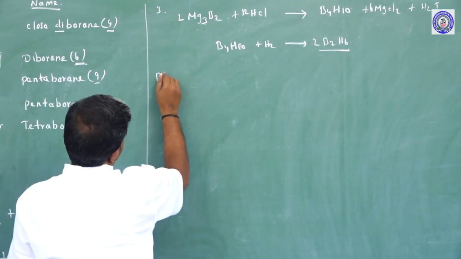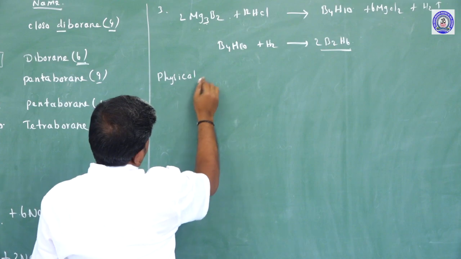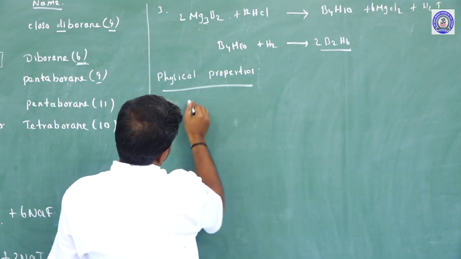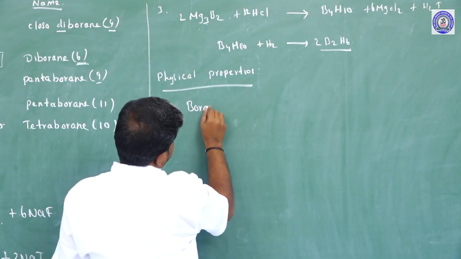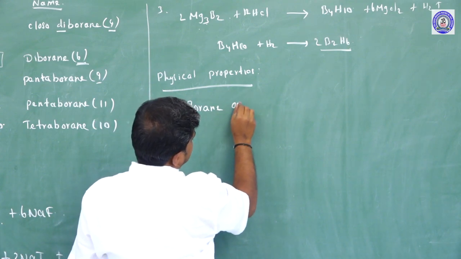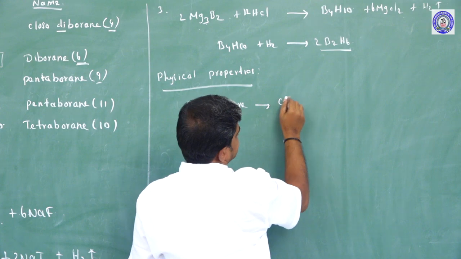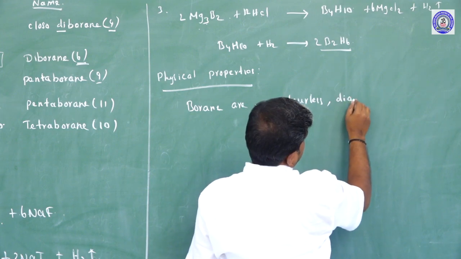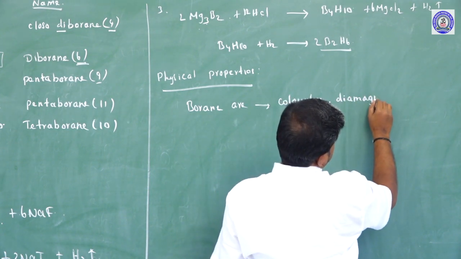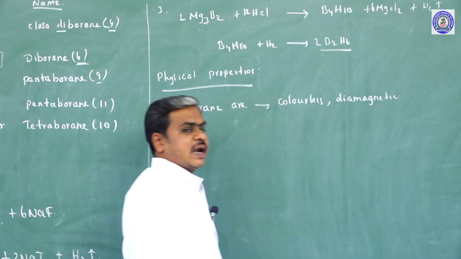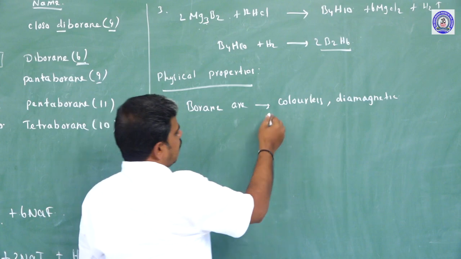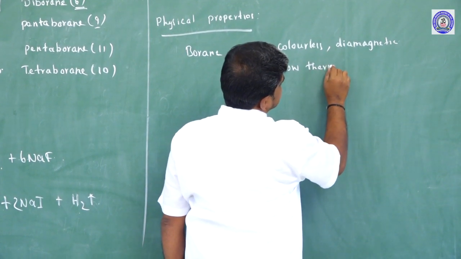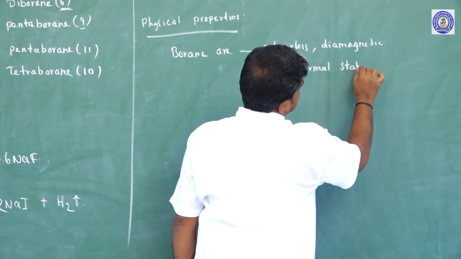Now we take physical properties. Boranes are colorless and diamagnetic substances, and they are highly reactive, so they have low thermal stability.